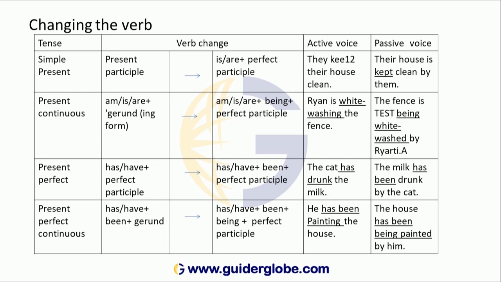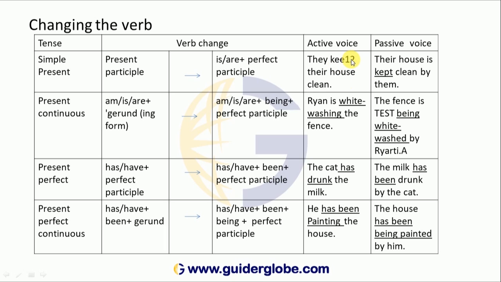How to change the verb? The sentence is in simple present. Take the present auxiliary is or are depending upon the plural of the object. Then you put a past participle. They keep their house clean.